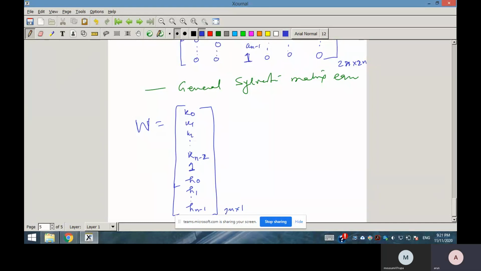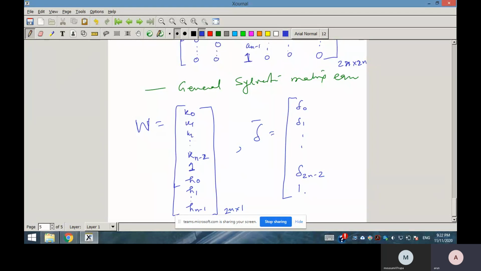So this is 2n cross 1, and your delta bar will be delta naught, delta 1 up to delta of... So what is the controller? An n minus 1th order controller and nth order plant. So the closed loop pole polynomial will be 2n minus 1th order. So this will be 2n minus 2 and this will be 1.